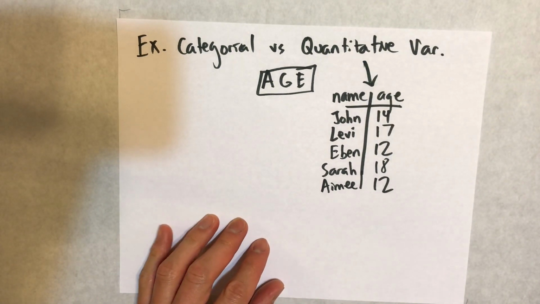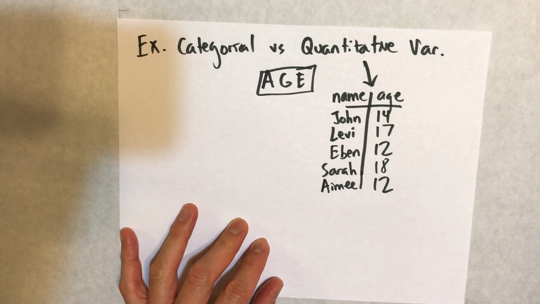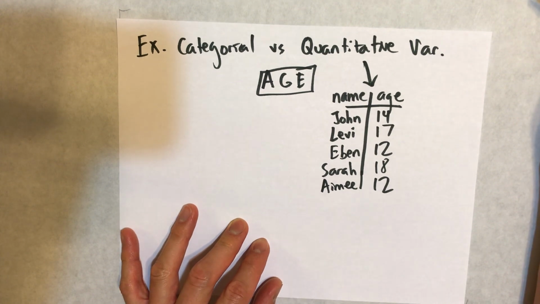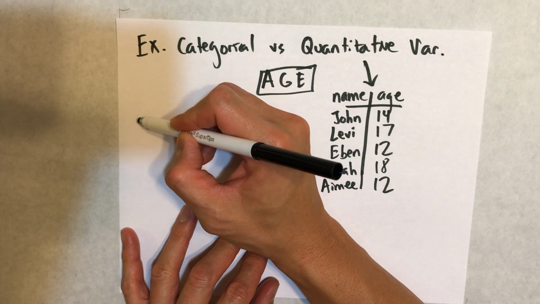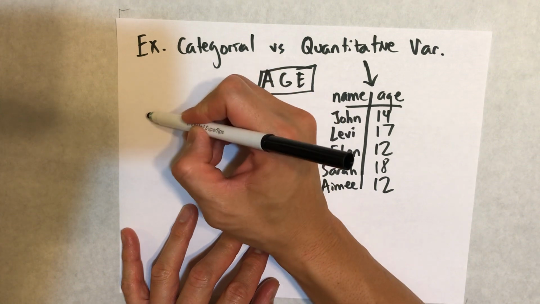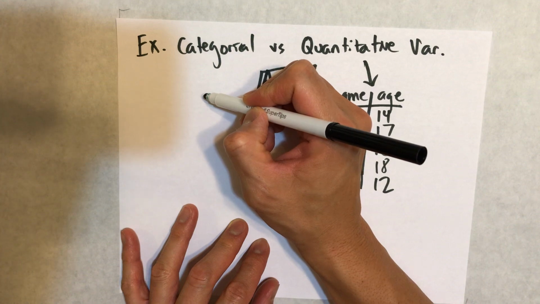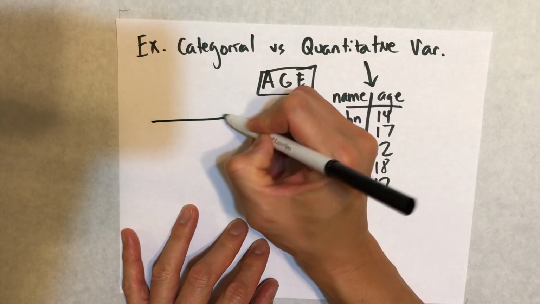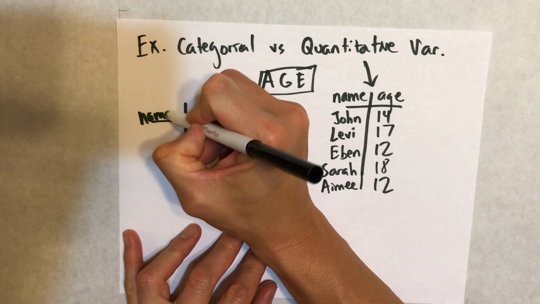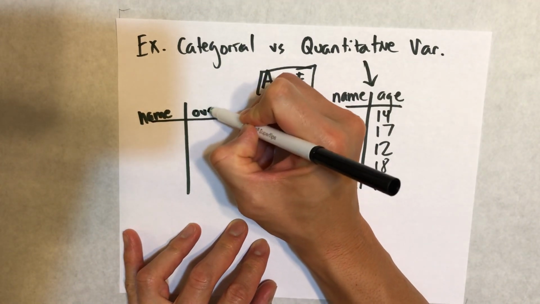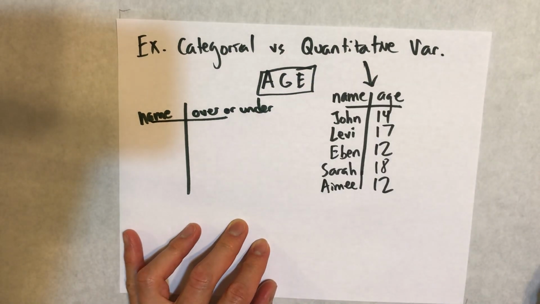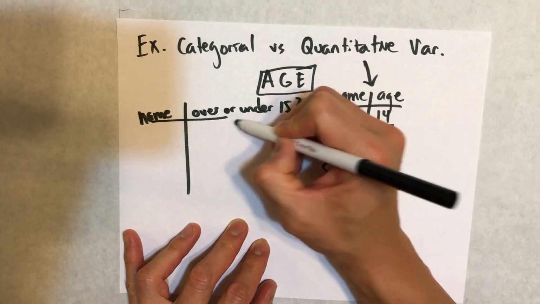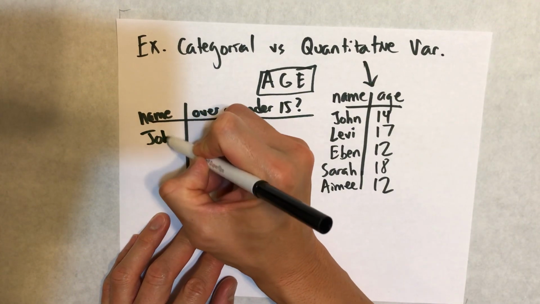However, what if I asked you how many people are, let's see, okay, so let's do name again, and then we'll say over or under the age of 15, okay? So we have John here.